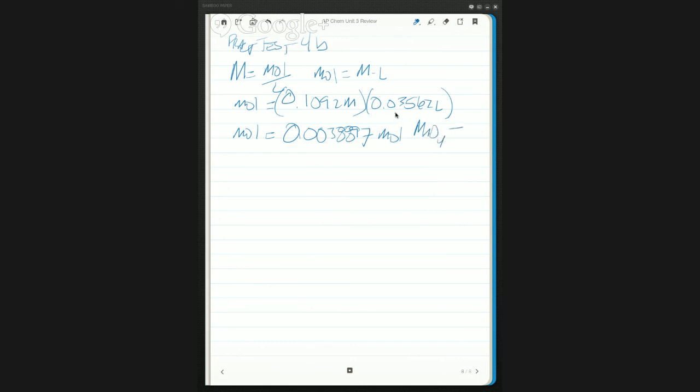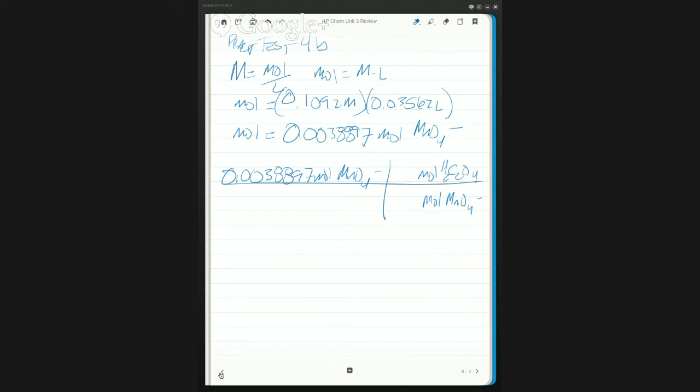And we want to know the moles of H2C2O4. It's just a mole ratio. Oh, that's pretty easy. This is just like the redox titration, almost exactly. 0.0038897 moles of MnO4 minus. And if we look back one page, your mole ratio is moles of MnO4 minus to moles of H2C2O4.